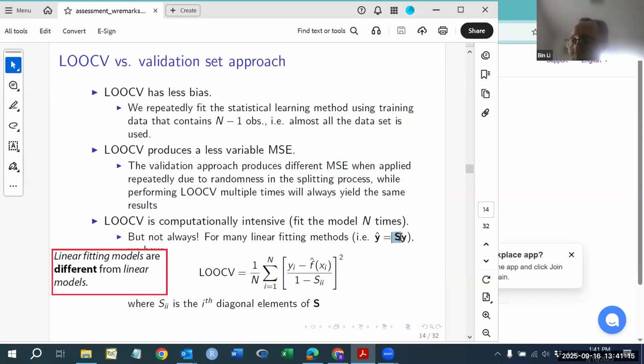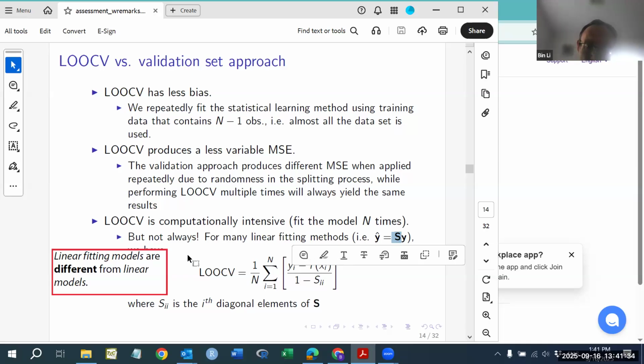And I will show you some examples. So we can have some nonlinear models which belong to linear fitting methods. So if the model is a linear fitting model, it includes the linear model, but it's more than that.